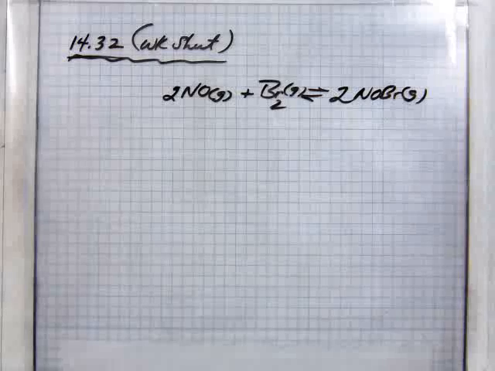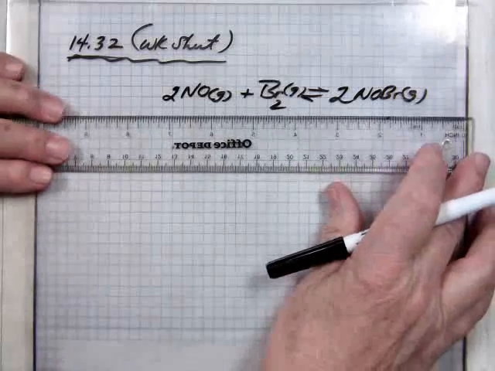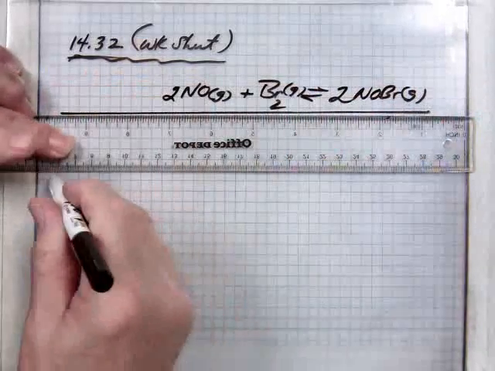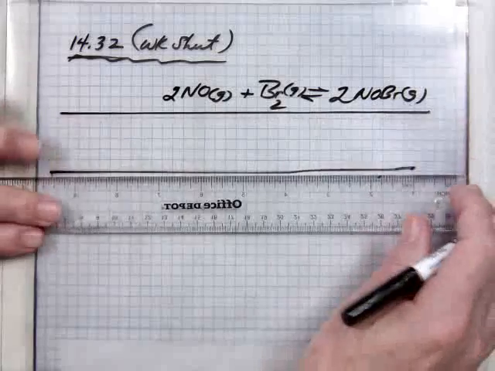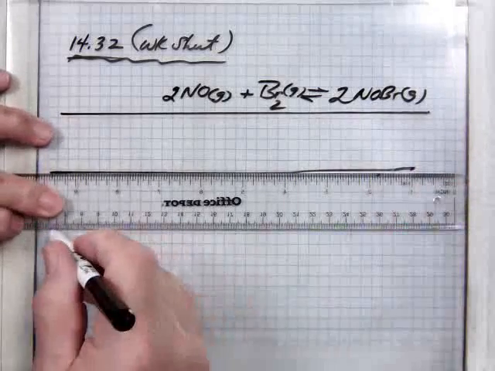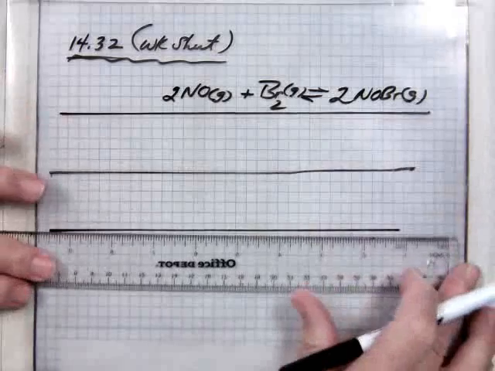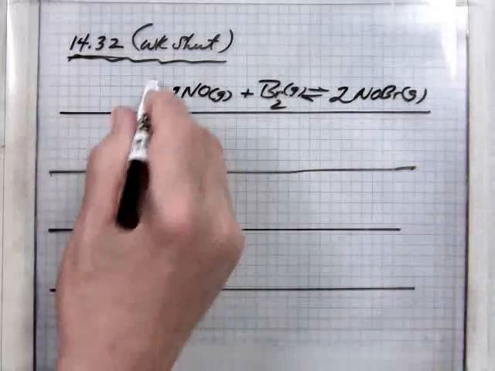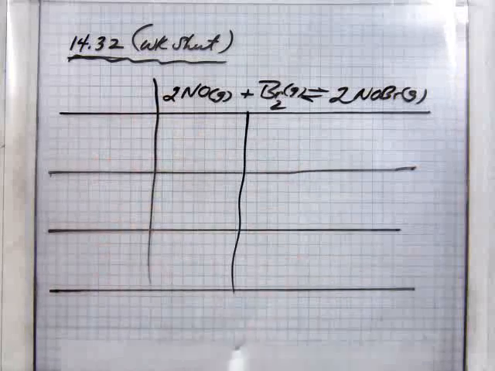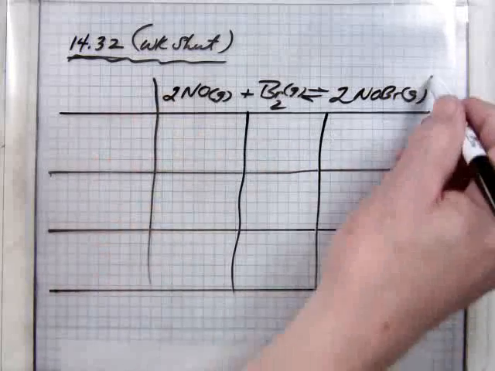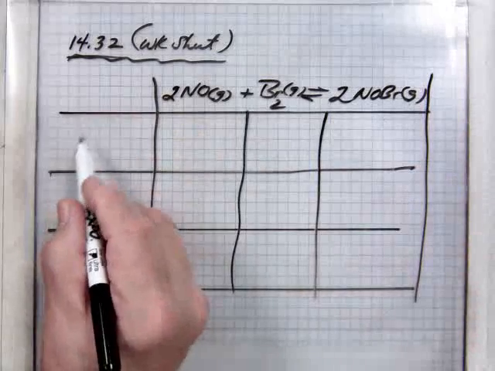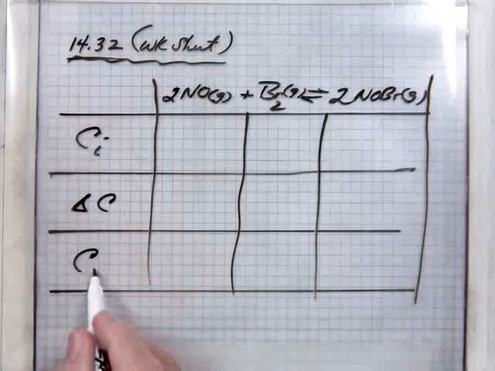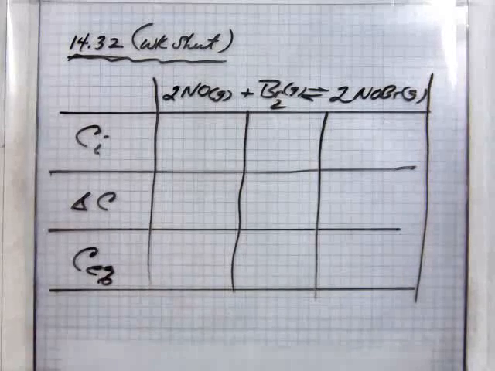And I'll draw my little table here: initial, change, and then equilibrium. Come in here, 1, 2, 3, like this. C initial, change in C, and C at equilibrium.